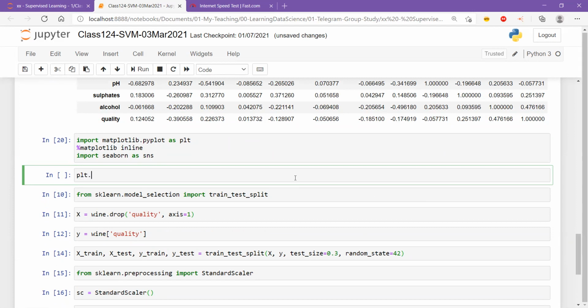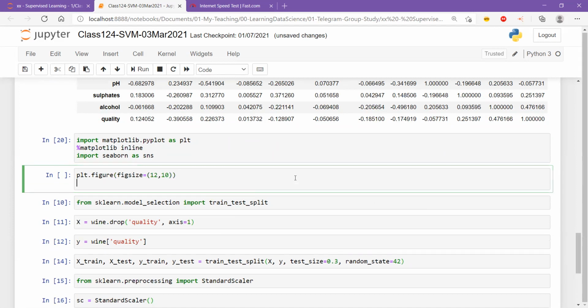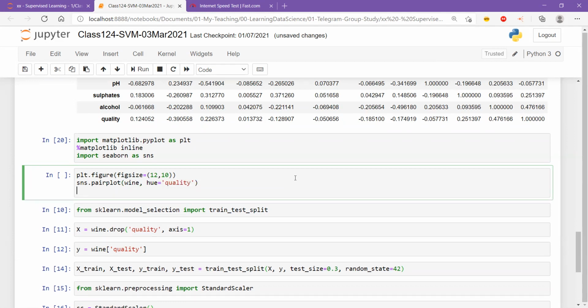So plt.figure with figsize equal to 12 comma 10, and sns.pairplot on wine. The hue is going to be quality, and I'm going to set plt dot show. This will take some time, so let's wait.